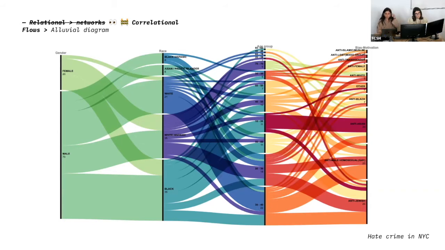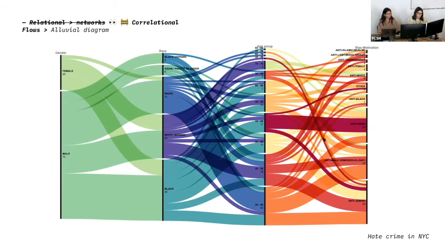The first one is that the alluvial, so this one, first of all, is not used to represent a network. It is used to represent a correlation between elements. Moreover, the alluvial, so this kind of chart, is made to split elements.